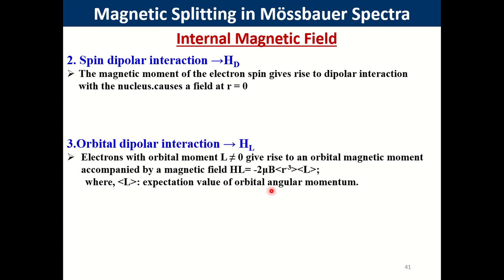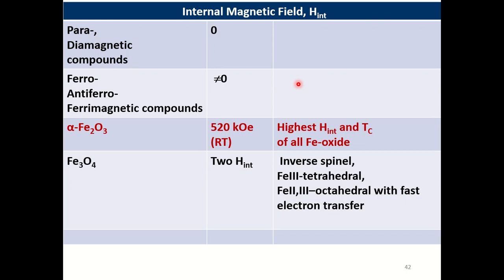So there will be a magnetic moment due to the orbital motion of electrons, which will cause another magnetic field. So there are three types of factors which give rise to the internal magnetic field, and together when they interact, you will have splitting of the energy levels.